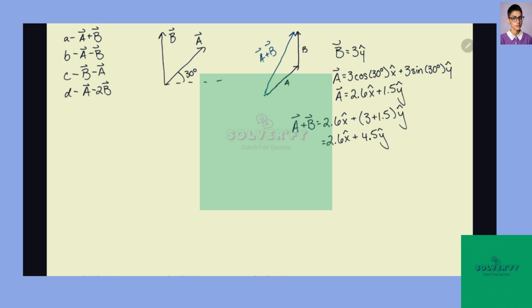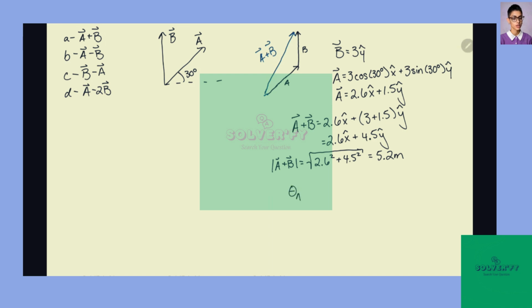So now that we have the components, we can find the magnitude and direction of this vector A plus B. The magnitude of A plus B really just comes from the Pythagorean theorem. We take 2.6 squared plus 4.5 squared. And from that, we get a magnitude of about 5.2 meters. Now we want to figure out what the angle is.